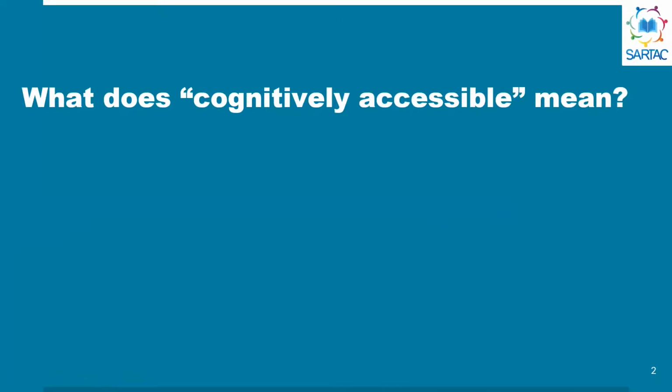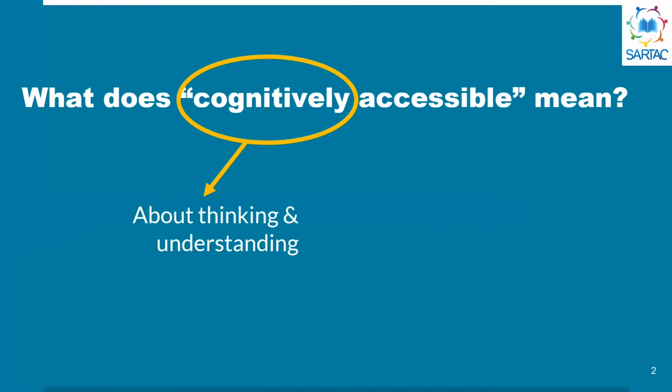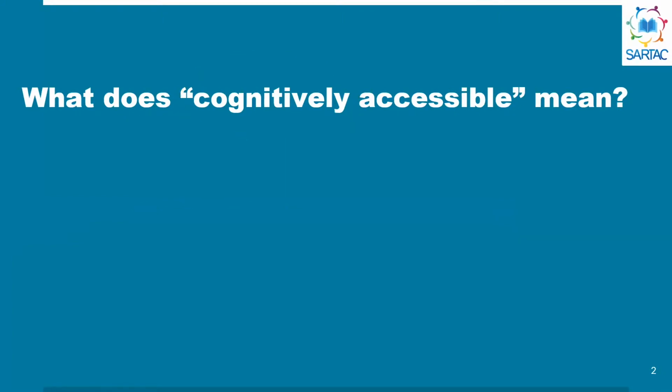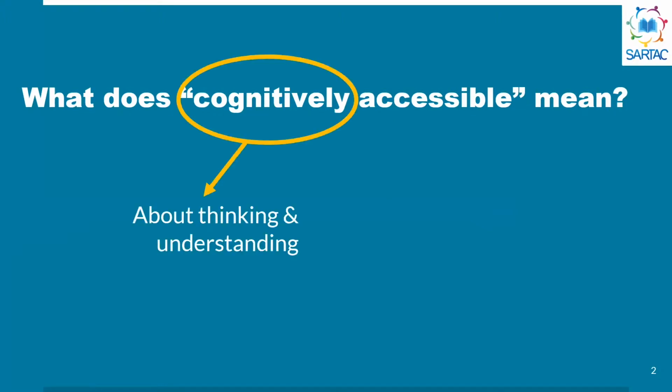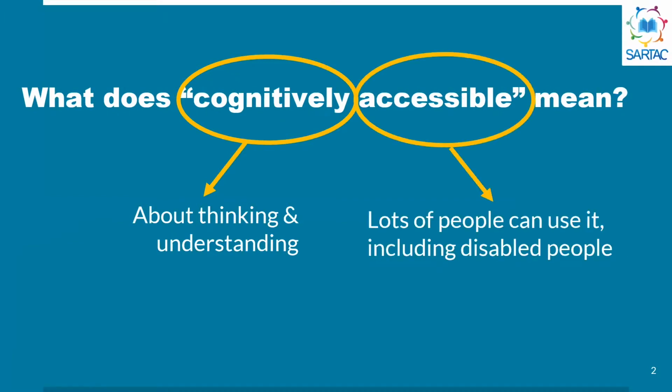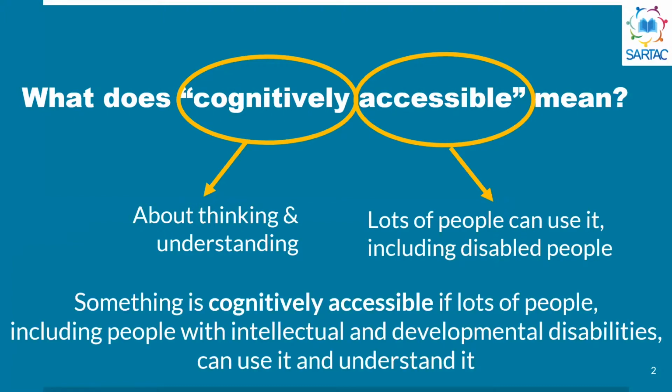All right. So let's talk about what cognitively accessible means when we're talking about making our stuff that we offer cognitively accessible. First, when we say cognitively, that means it has to do with thinking and understanding. And then accessible means lots of people can use it, including disabled people. So a cognitively accessible toolkit, or any other kind of text resource, is something that most people can use and understand.